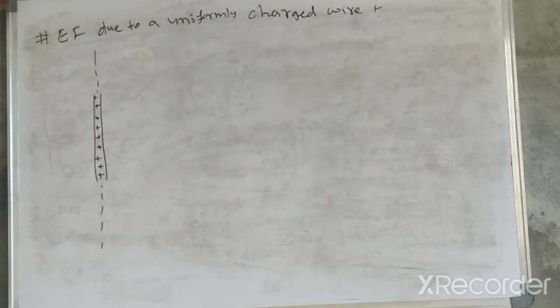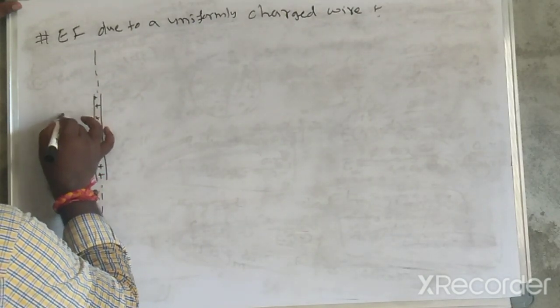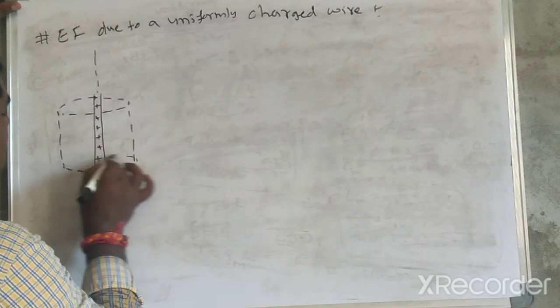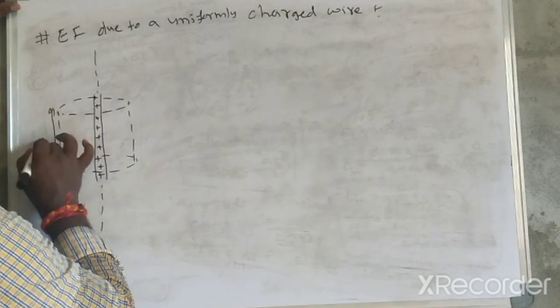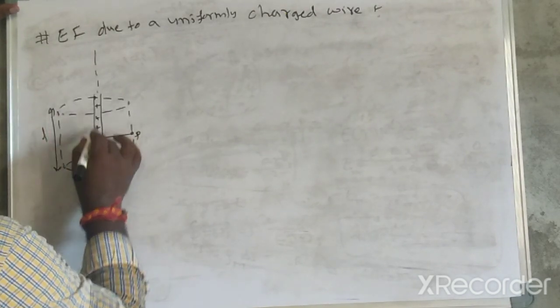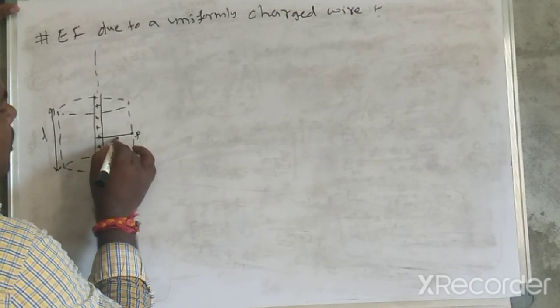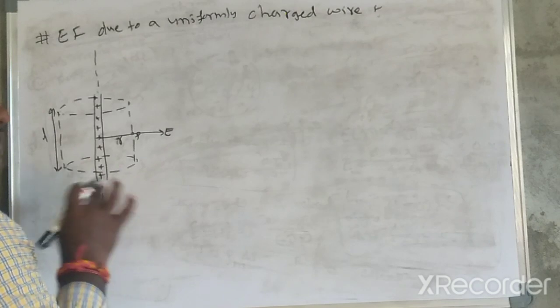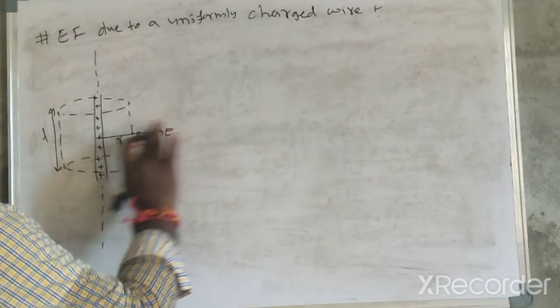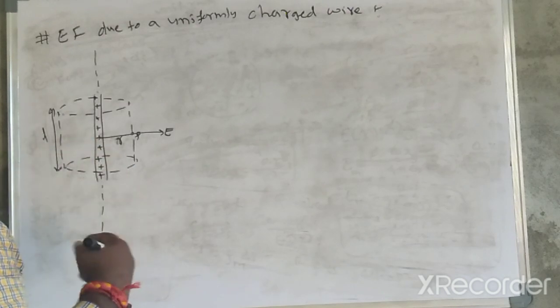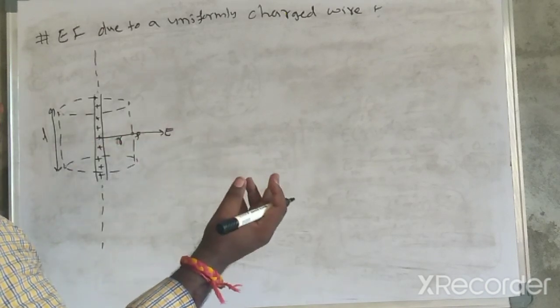You may draw the first Gaussian surface. This Gaussian surface looks like a cylinder of length L, and this point is P. From the center of the wire to the point P, let us consider this distance as R. Because the charge is positive, the electric field direction is outward, normal to the surface.